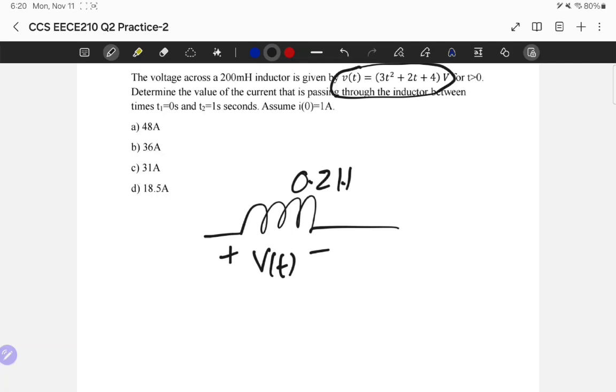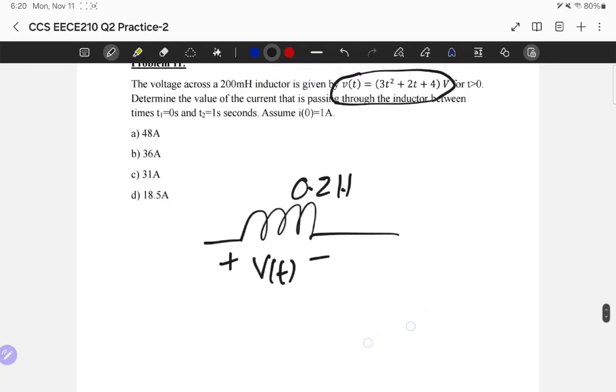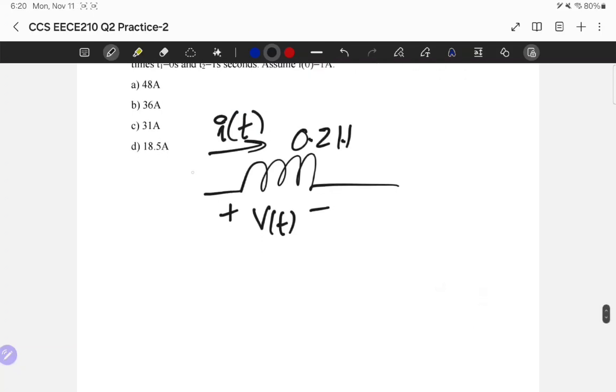Determine the value of the current that is passing through the inductor between times t1 equals 0 and t2 equals 1. Assume I0 equals 1. Now, if I have this configuration, I need to find the current in here, which is also a function of time. I need to find the current i(t).